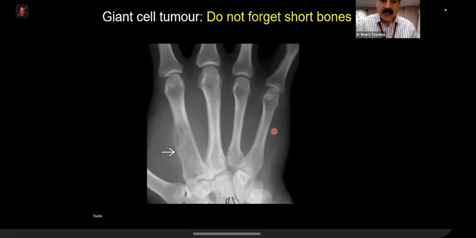This is a GCT in short bones, carpal bones, tarsal bones. Please remember that because we are always taught these tumors on long bones, we tend to forget the short bones of the hands and feet. And whatever can happen in long bone can also happen in these bones. So if you have got something like this, you remember in the previous chapter we did enchondromas.